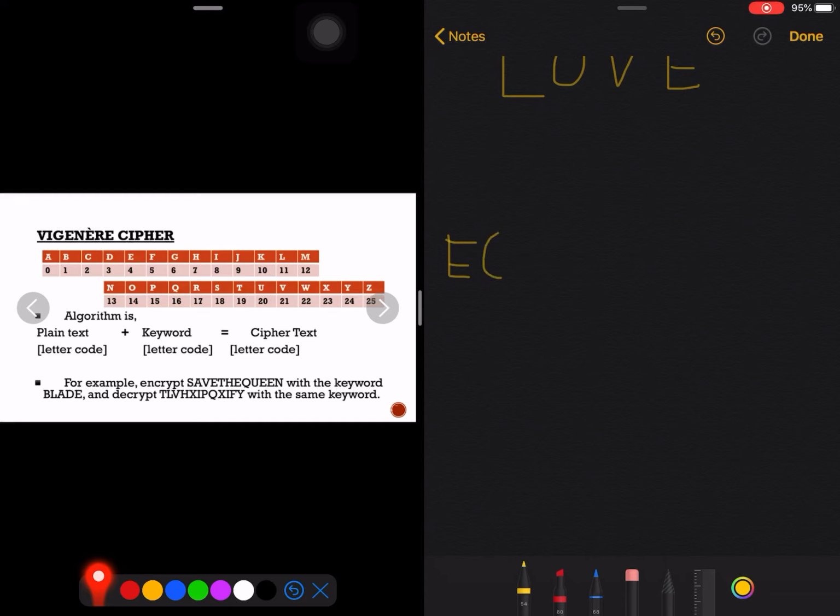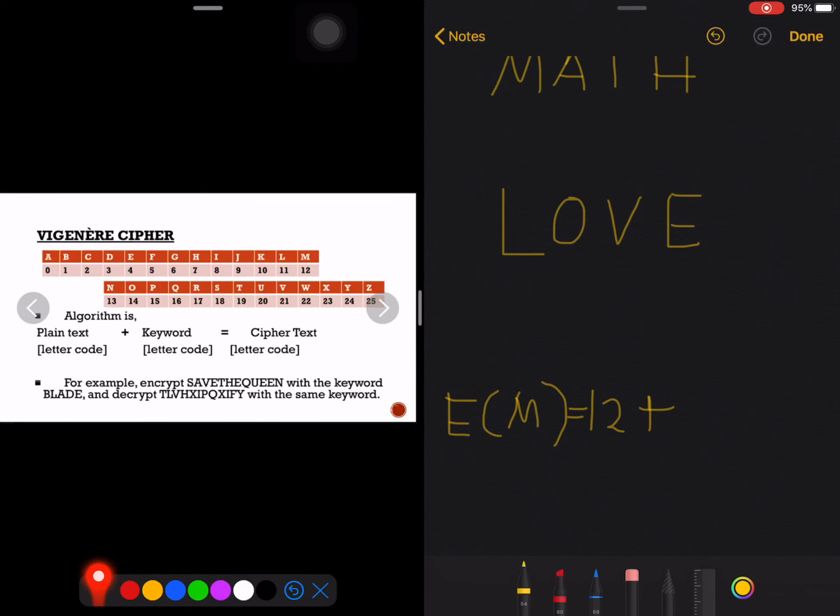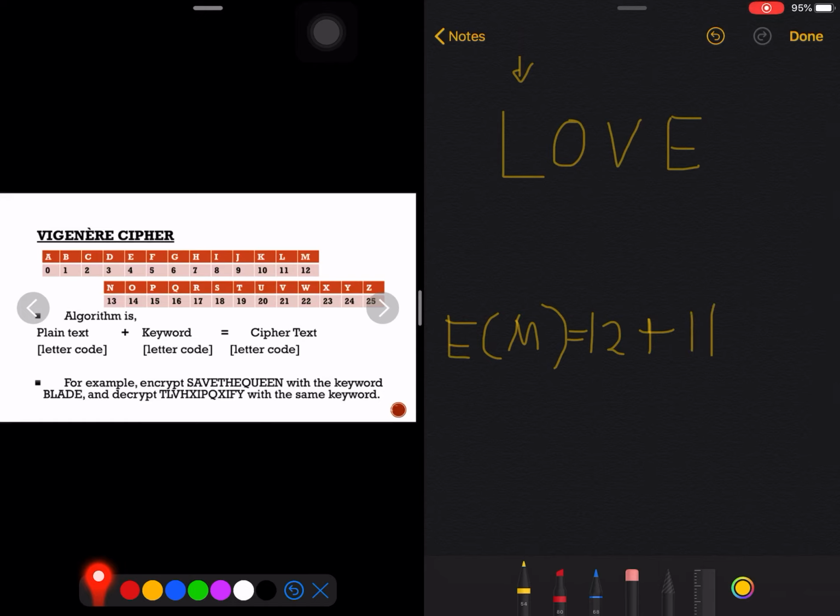Encrypt, say, M. If you are to encrypt M, you start with the letter code of that letter in the plain text. So that's M. M is 12. And add the letter code of its pair, and its pair here is L, and its letter code would be 11, so that would give us 23.